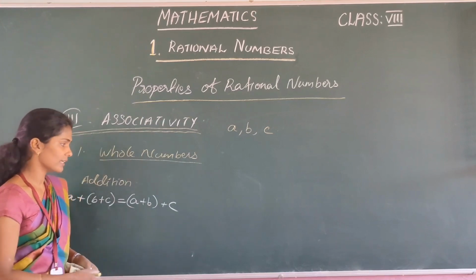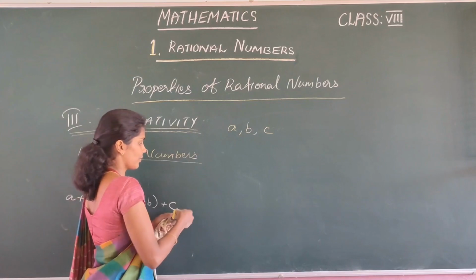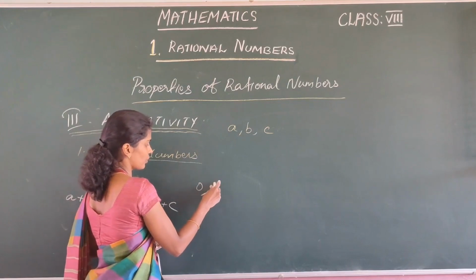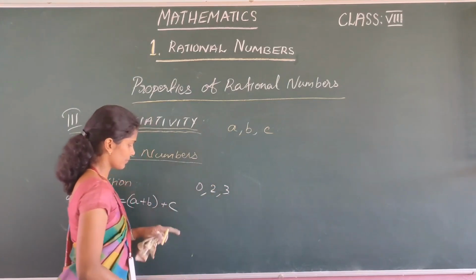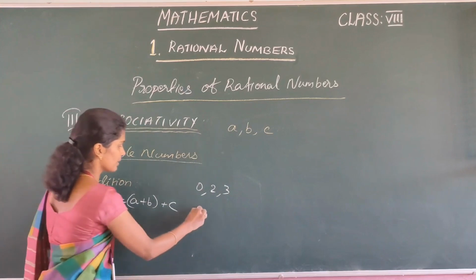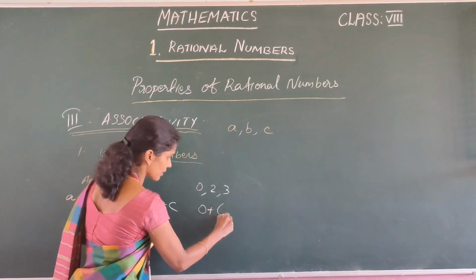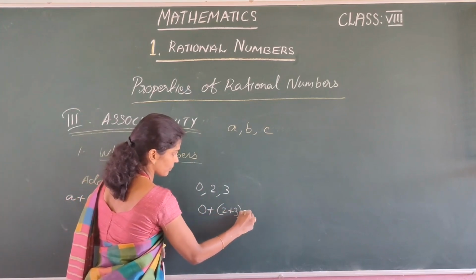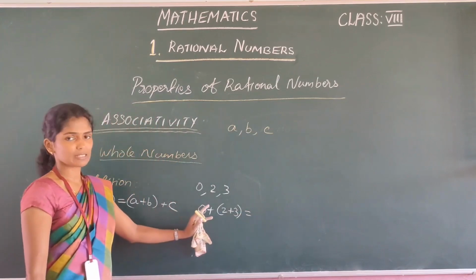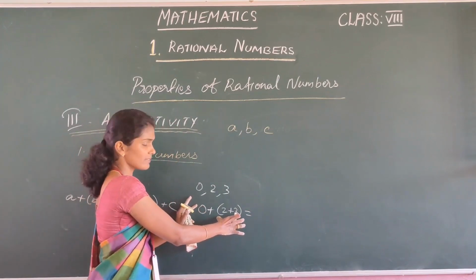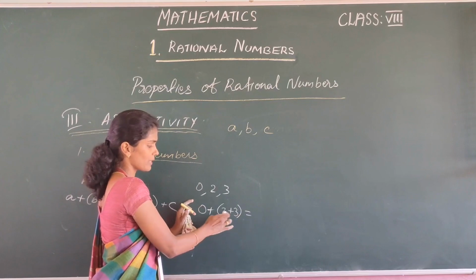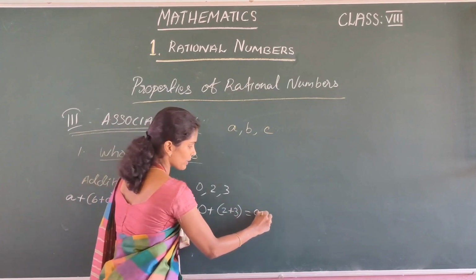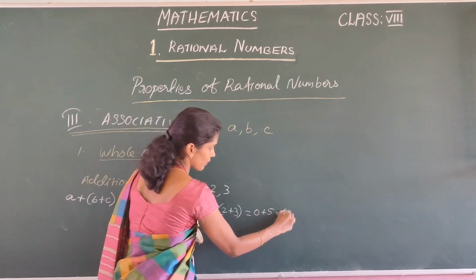Take any three numbers. Here I take 0, 2, 3. First, 0 plus (2 plus 3). What is the result? First we do what is inside the bracket, 2 plus 3. That is 0 plus 5, which is equal to 5.